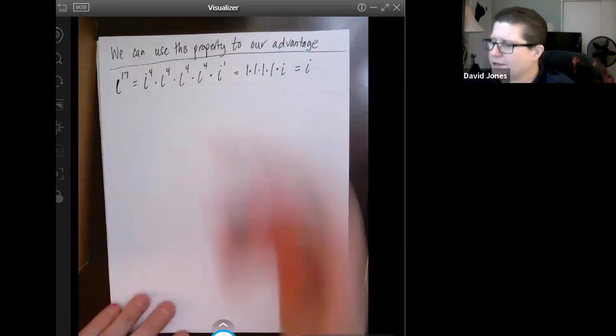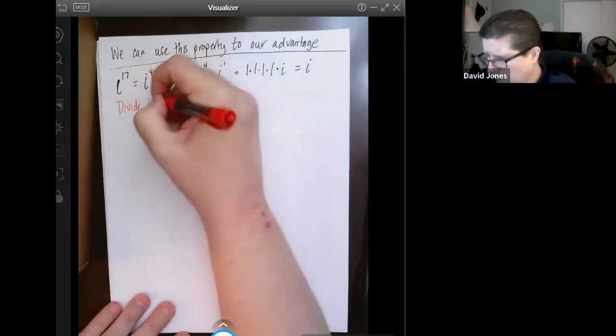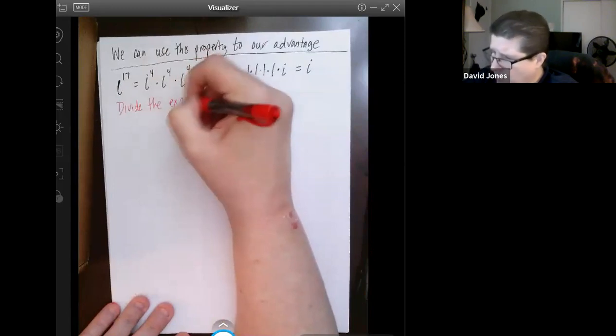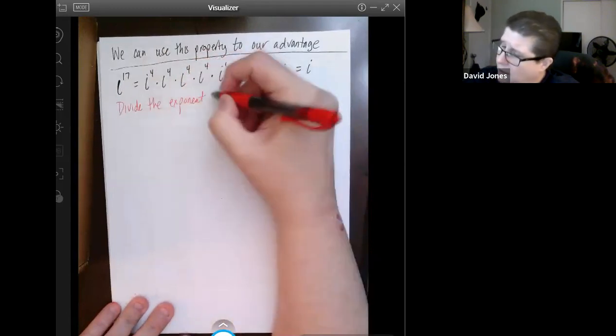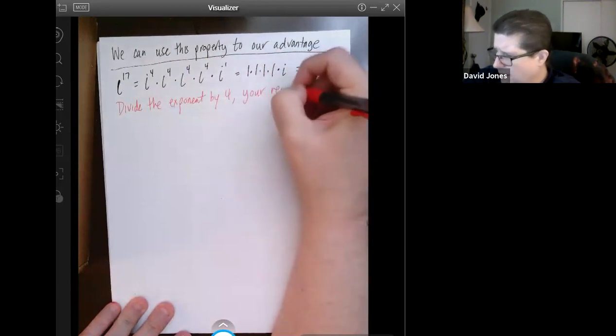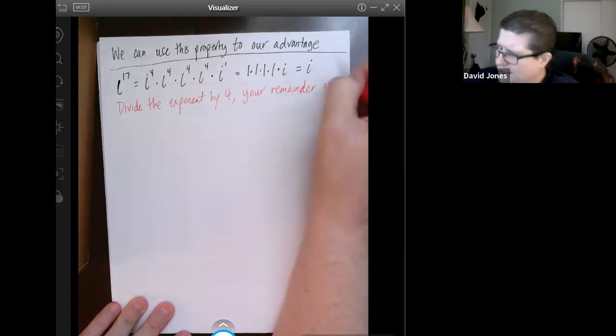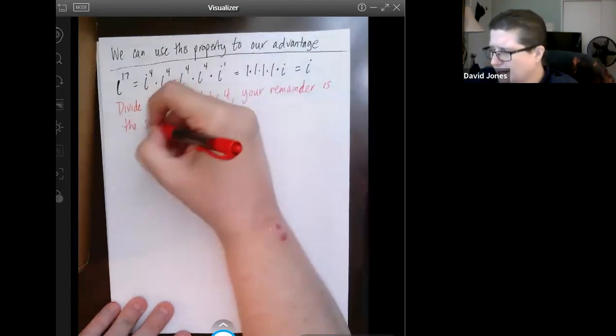The easiest way to do this is divide the exponent by 4, and your remainder is the simplified exponent on i.